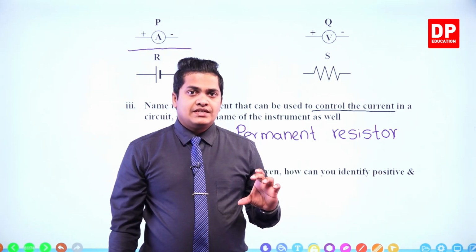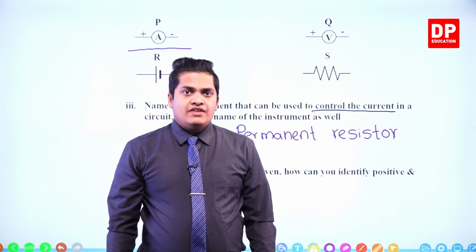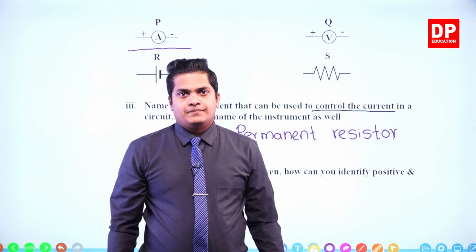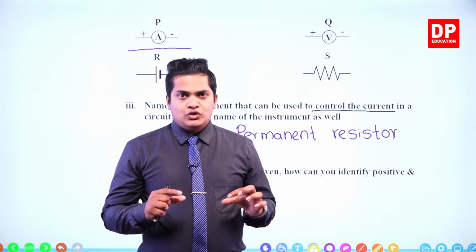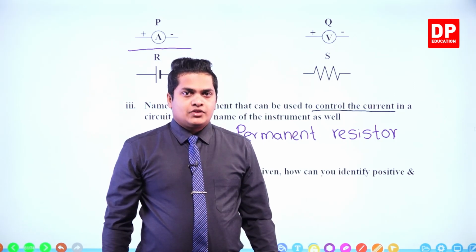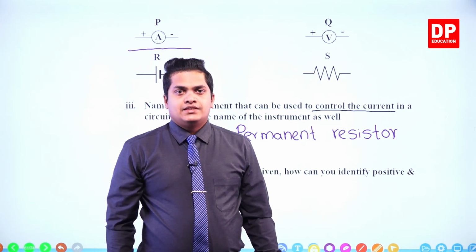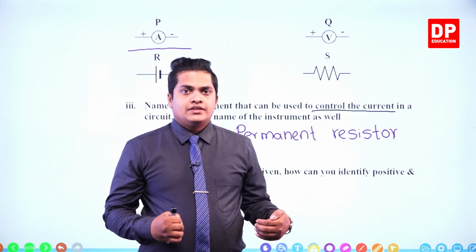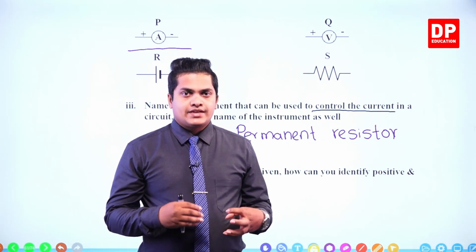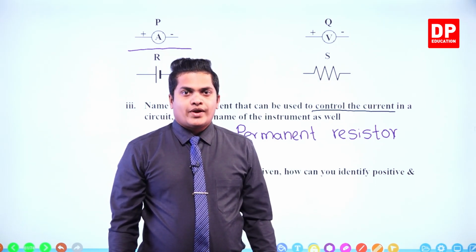By using that feature, we can directly identify the two terminals in an ammeter. We just need to look at the two colors. The positive terminal is the red one, the negative terminal is the black one.